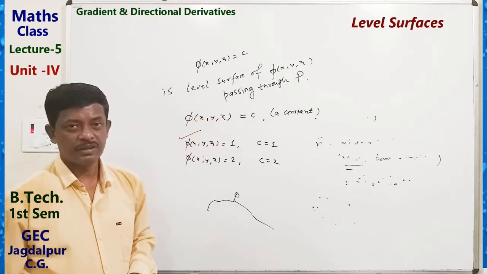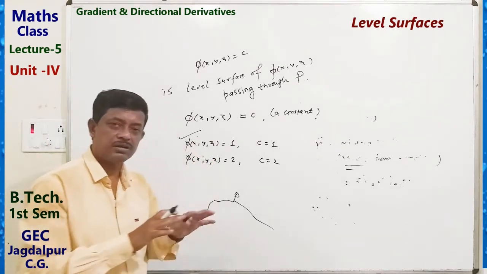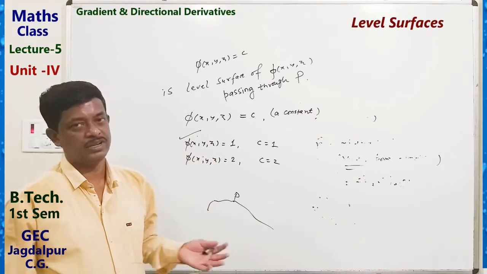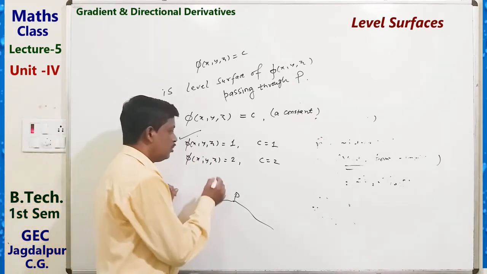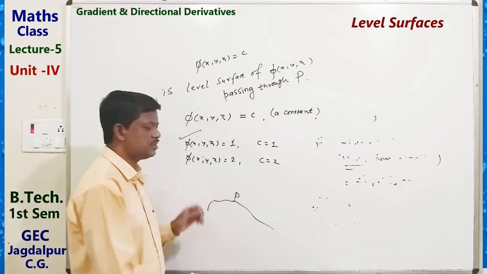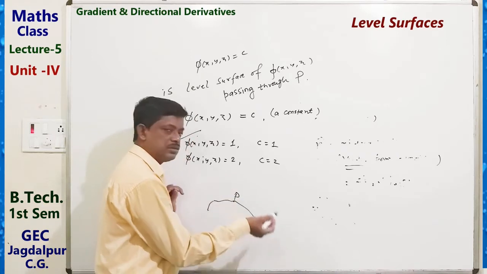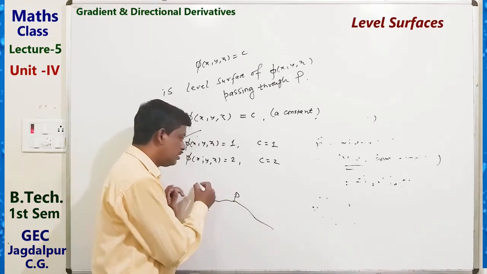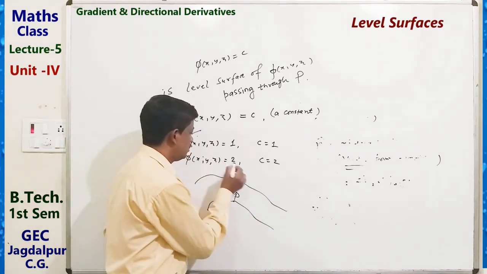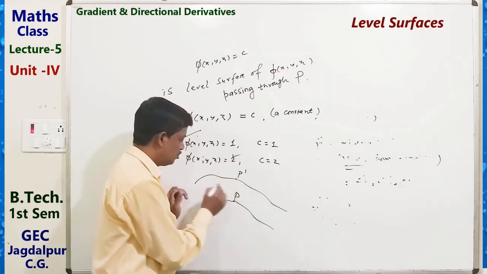Okay? So two level surfaces cannot intersect. Why? Because on one surface the value of the function is 1, and on another level surface passing through the point P the value of the function is 2.